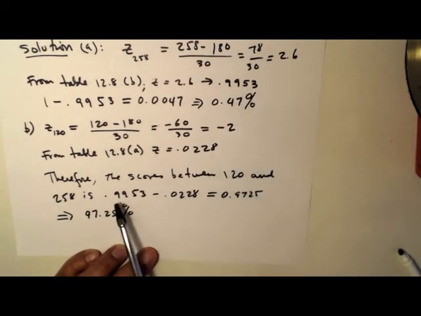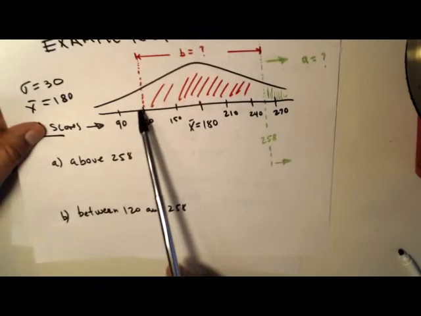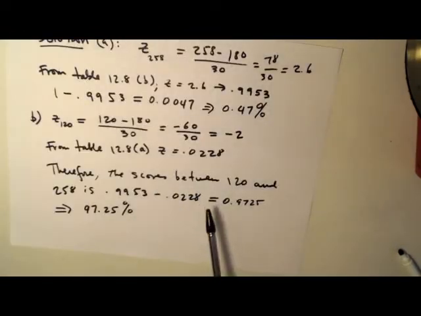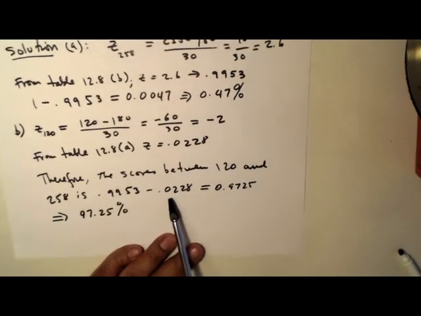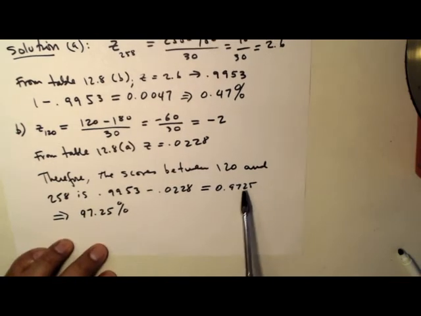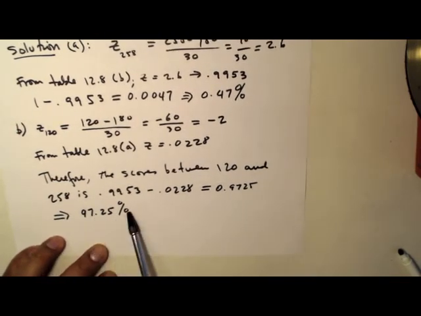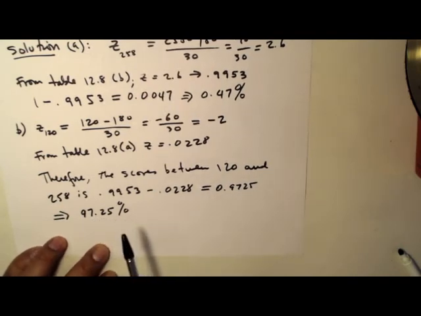So we take 0.9953 minus the new value, which is what falls on this part here, 0.0228, and the end result will be 0.9725, in decimal form. To calculate it in percentages, you multiply times 100, so that will be 97.25%.